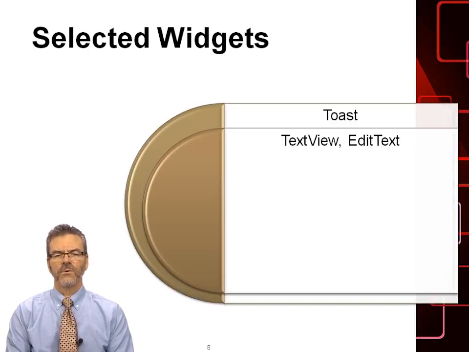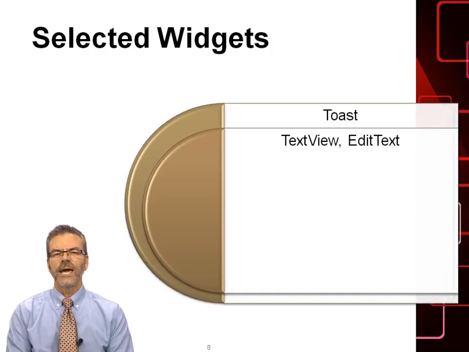The text view allows you to display text on the screen. What's nice about this control, you can display a little bit of text, say just one line of text, or you can display several lines of text. In fact, it's made to adjust as needed to show however much text you'd like it to show.